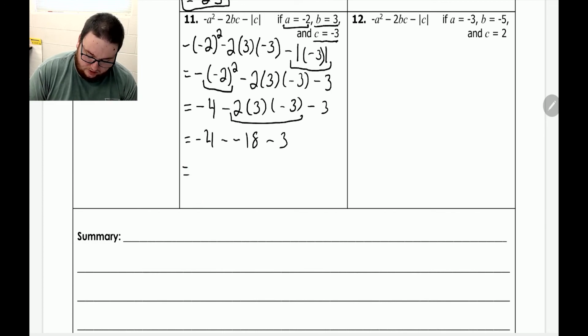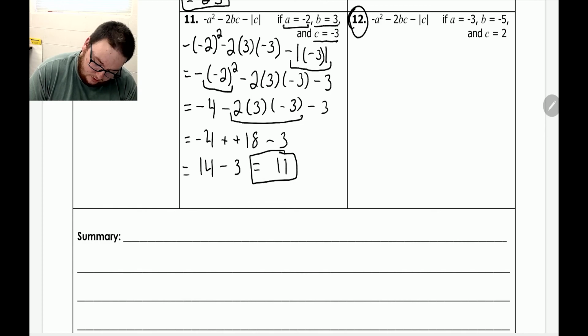And then we do the addition or subtraction from left to right. So we have negative 4 minus negative 18. That's the same thing as saying adding 18. So negative 4 plus 18 is going to give you 14. And we have 14 minus 3, which gives us 11. And 11 is our final answer.